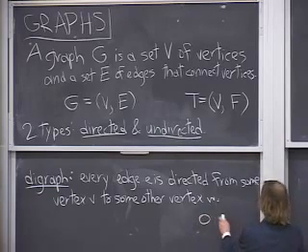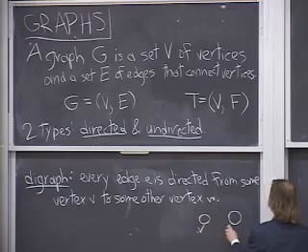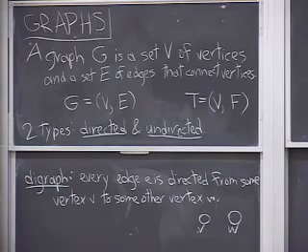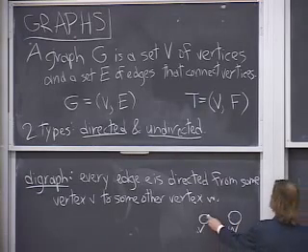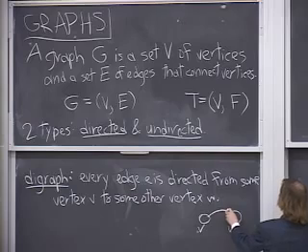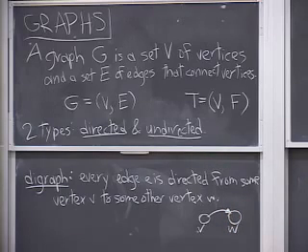We'll draw little circles for each node, call those V and W. And a directed edge will look like this. And usually, of course, the arrowhead tells you where it's directed to.